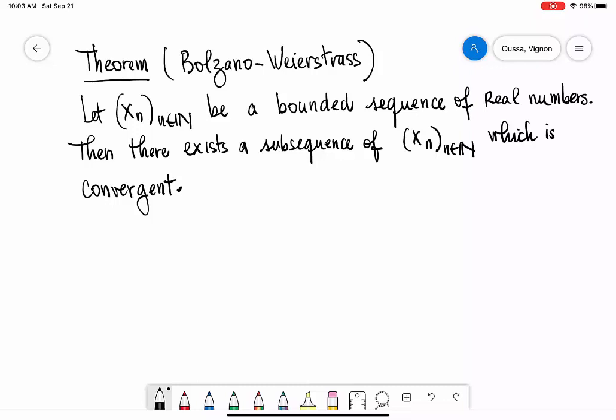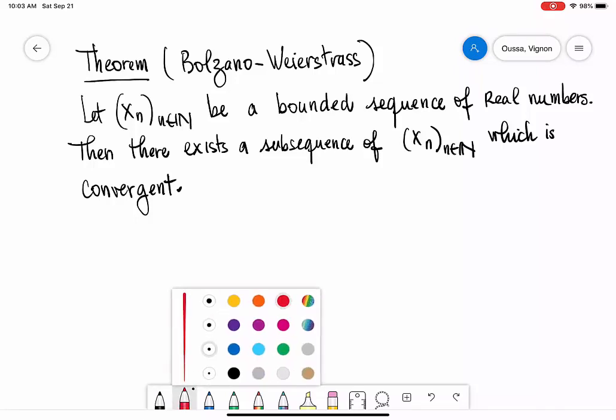If a sequence of real numbers is bounded, then it has to have a convergent subsequence. Well, before I offer a proof for this result, let me give you an example of how surprising, or in fact how powerful, this result is.